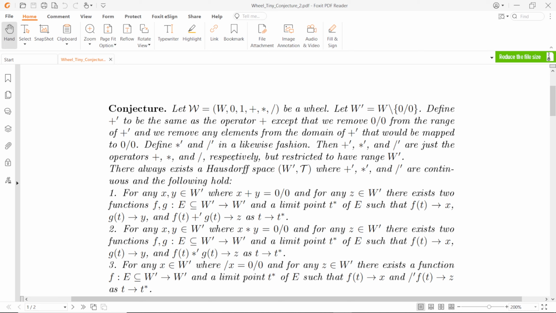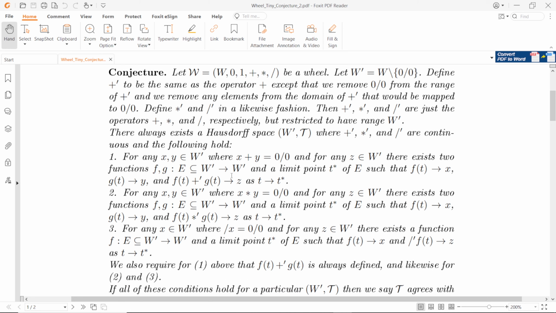And the question is, does there always exist a Hausdorff space, a topology on W prime that makes it a Hausdorff space where the restricted operators are continuous with respect to this topology, and where for any x and y in W prime, if x plus y equals omnity, then for any z in W prime, there exist two functions whose limits go to x and y respectively, and whose sum goes to z in the limit.